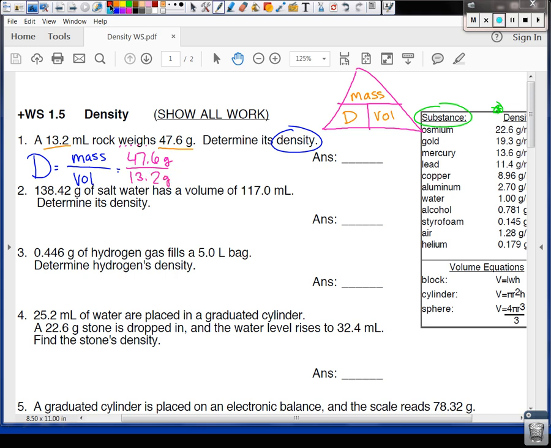Now, this is something that we're going to talk about: significant figures. I'm telling you now, I'm going to teach this later, and every year when I teach this, every student that I teach knows how to do this by the end of it. It is a very, very simple task.